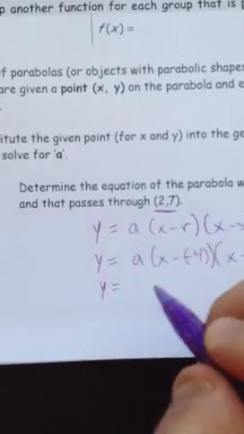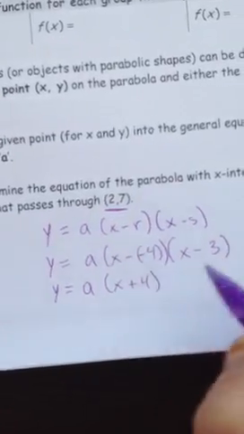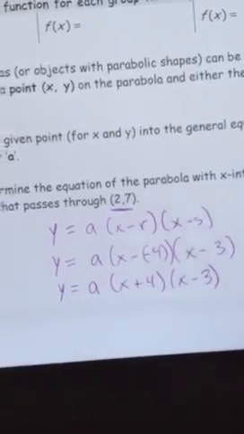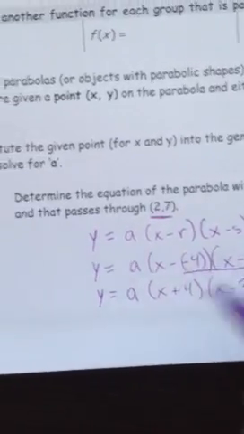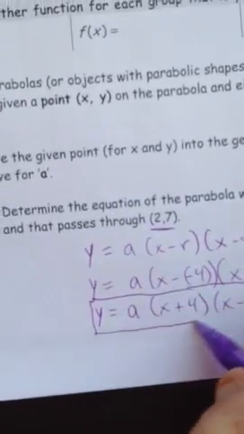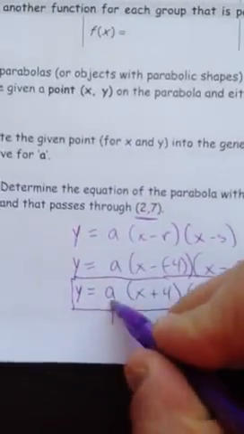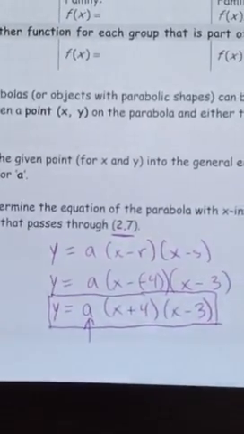That gives us y equals a(x + 4)(x - 3). This is pretty much the equation for my parabola in x-intercept form. The only thing I'm missing is the a value, so I have to rewrite this with the proper a value.